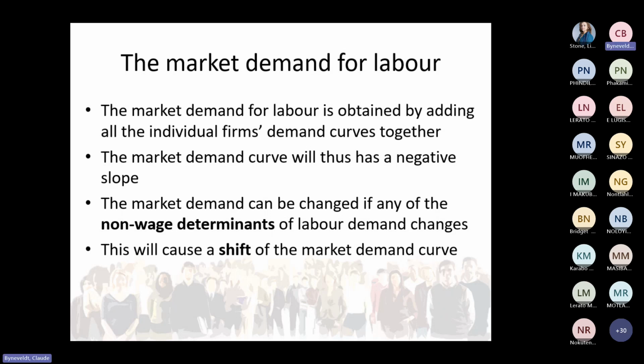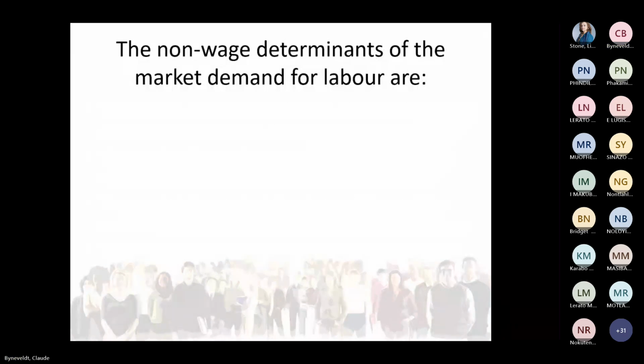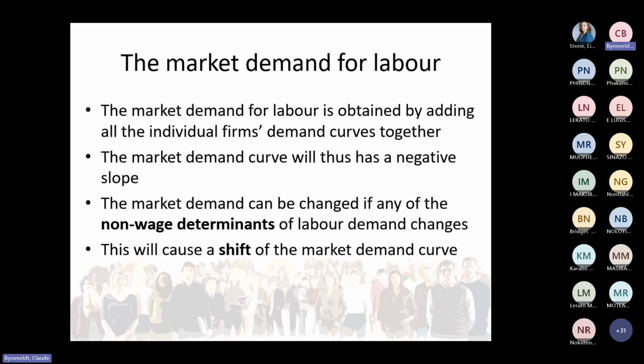The market demand can be changed if any of the non-wage determinants of labor demand changes, and this will cause a shift of the market demand curve. So what is important in terms of the market demand for labor? You obtain it by adding all the individuals' demand for labor.